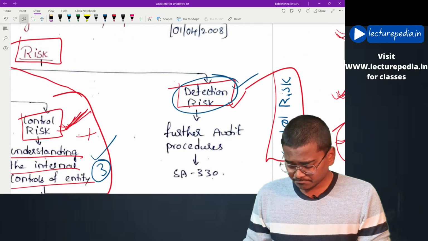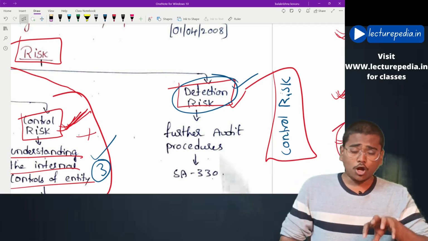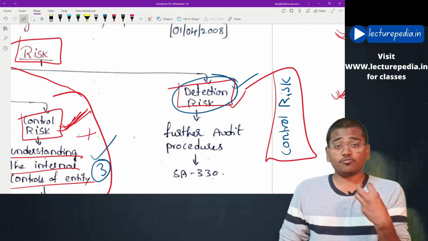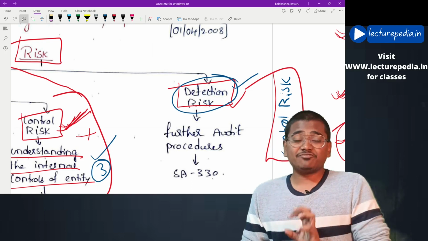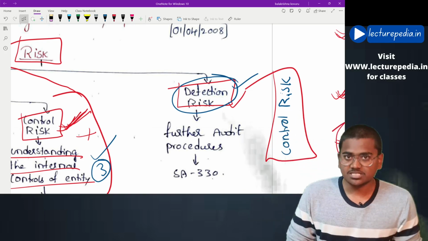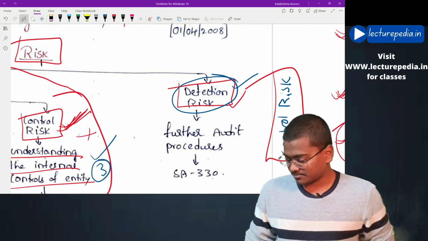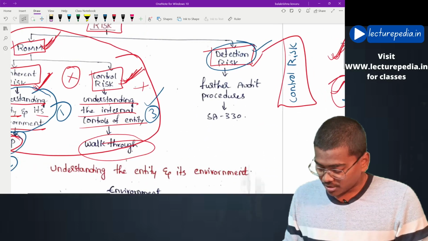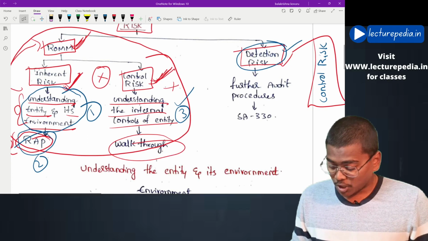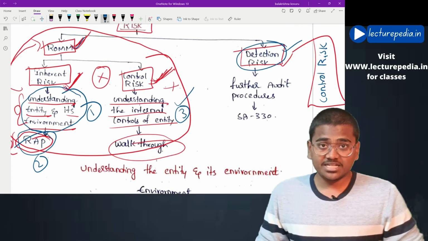We will also discuss the concept relating to detection risk here. The risk that audit procedures performed by the auditor might not be able to identify the material misstatements is known as detection risk. Based on the risk assessment procedures, the auditor has determined risk of material misstatement.